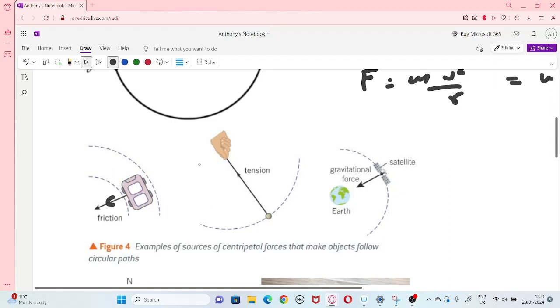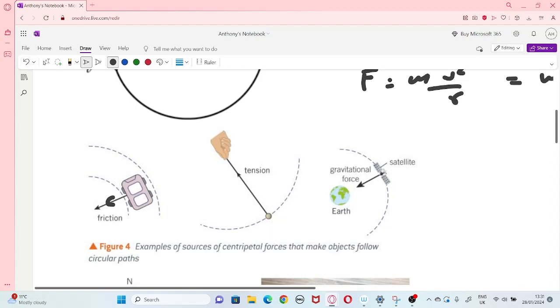But if the string is spun in a vertical path, our resultant force will not only be the tension, but there'll be a component of weight. I'll go over this later on because this comes up later on as well.